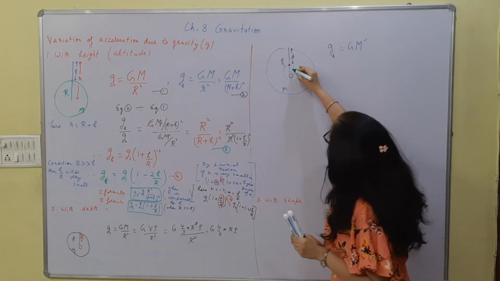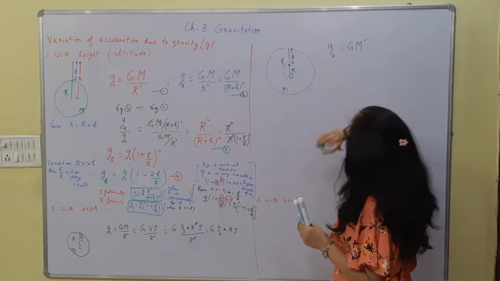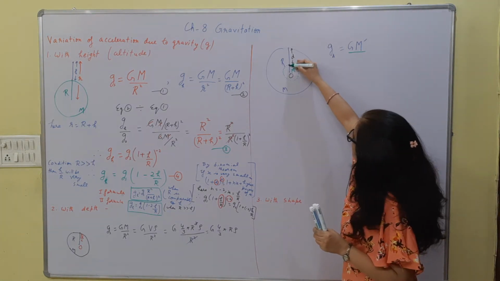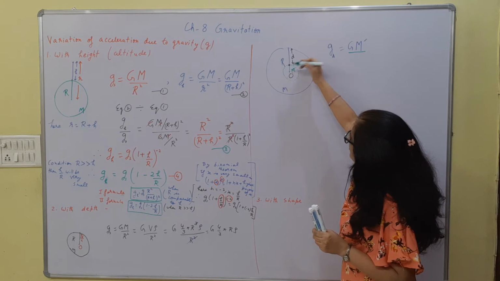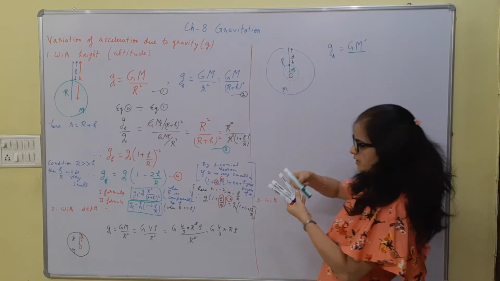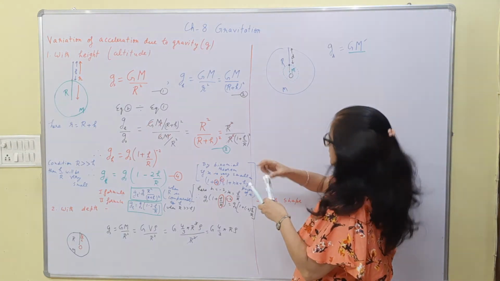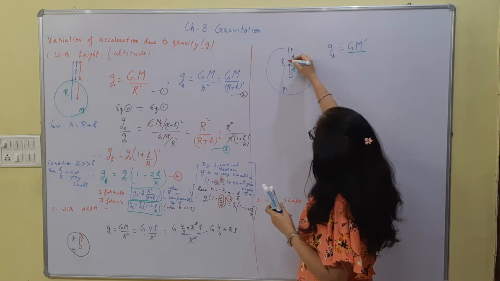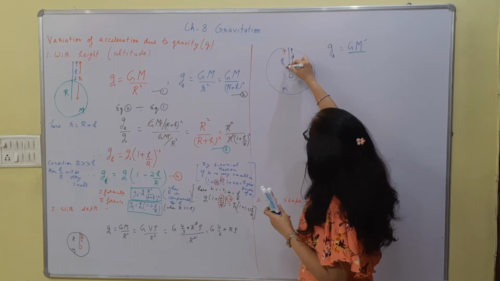So the mass of this part of the sphere will be M dash upon the separation between the two centers. So this body is at this depth, this total is R.